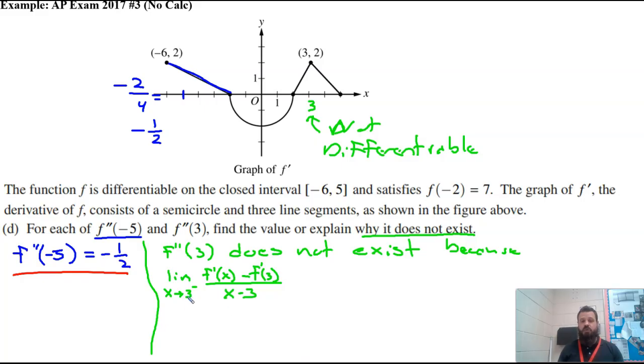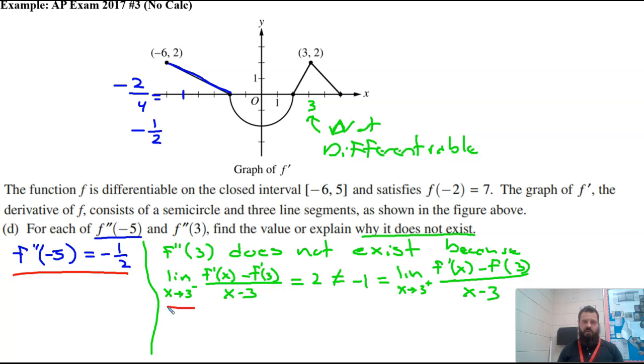So as we get closer to the 3 from the left, our derivative is equal to, we said it's up 1 over 2, a 2, which is not equal to the derivative on the right side of the 3, which is a down 2, right 2, a -1, which is the definition of the derivative on the right side of that f prime of x minus f prime of 3, over x minus 3.